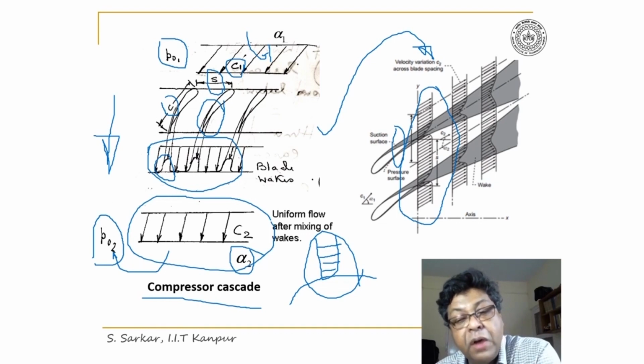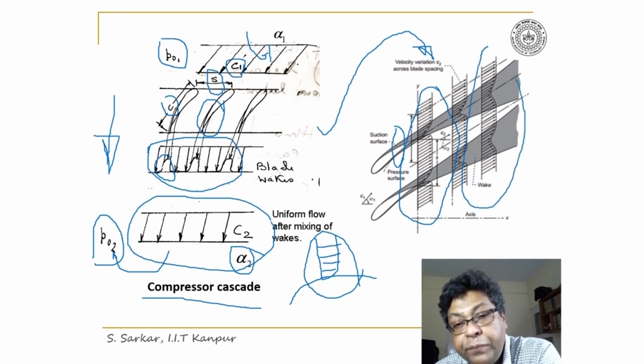Thus, it is a completely non-uniform velocity profile. And far downstream, this high deficit will relax, appearing towards a uniform profile.